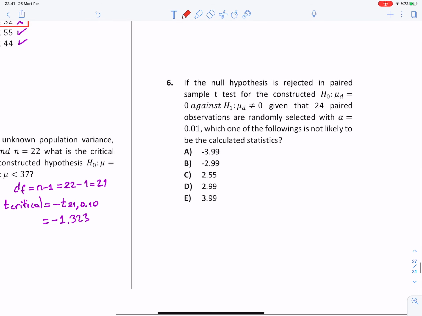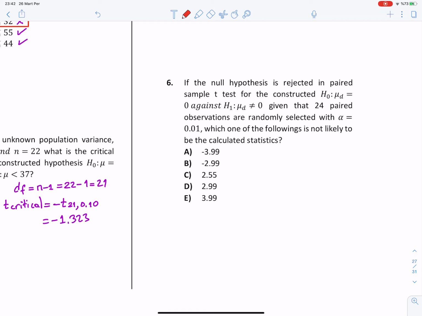Okay, question 6. If the null hypothesis is rejected in a paired sample t-test for the constructed H0: mu d equals 0 against mu d is not equal to 0, given that 24 paired observations are randomly selected with alpha 0.01, which one of the following is not likely to be the calculated statistic?